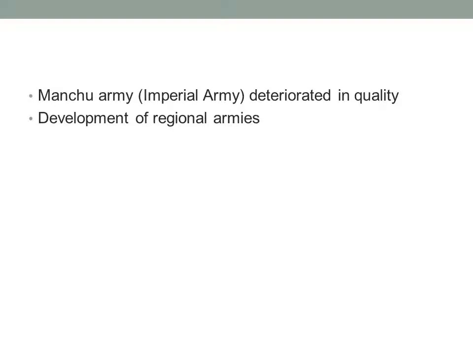And so what you start having are more local leaders who are able to raise their own regional armies and kind of hold the control of the central government at bay. And that, of course, is going to disrupt financial matters for the central government and increasingly destabilizes the society.